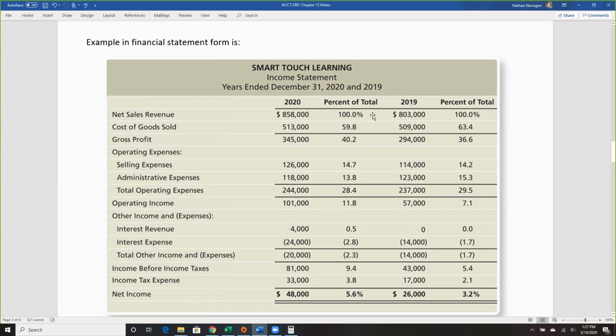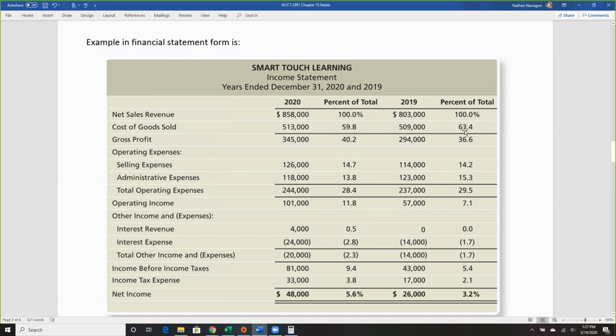But this will actually start narrowing it down. It's a little bit easier to look at in a percentage than it is in dollar amounts. Dollar amounts kind of give us that little bias. For percentages, very quick. So here I can also compare from 2020 to 2019.